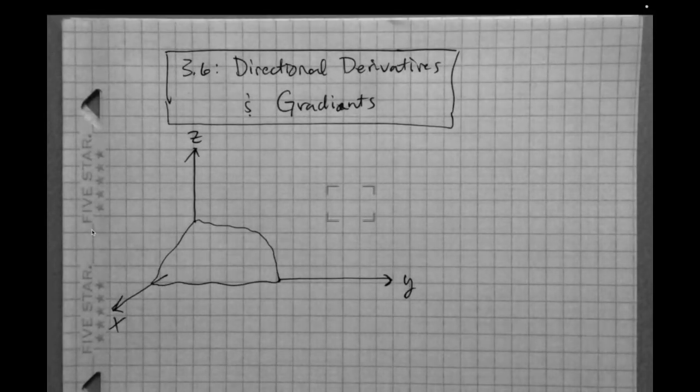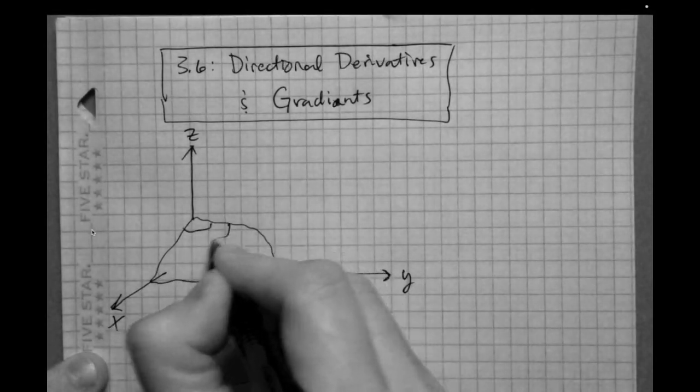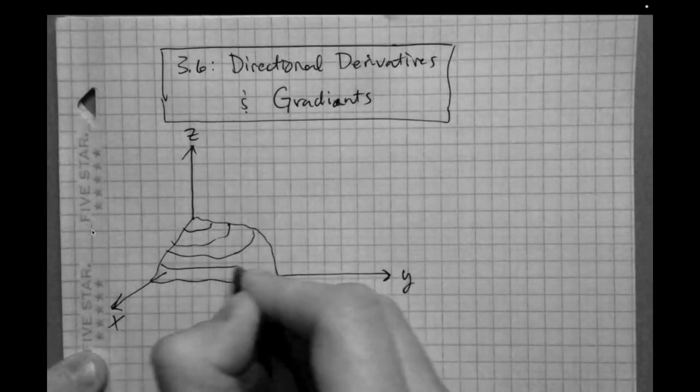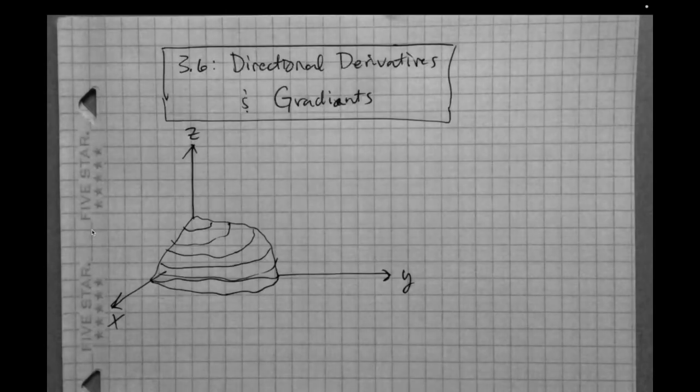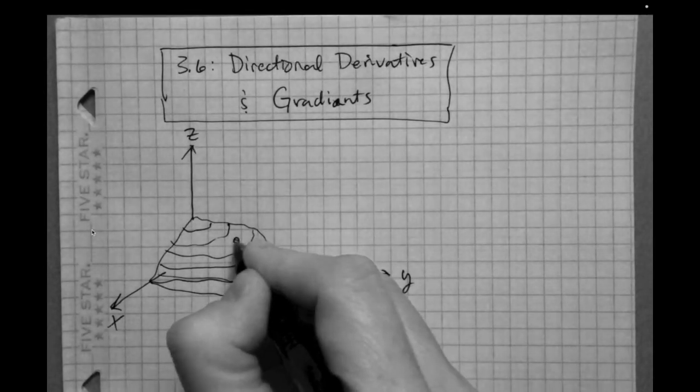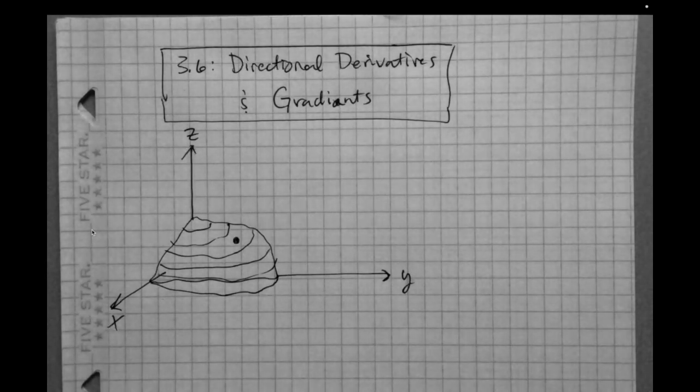It's three-dimensional, so it comes out of the page a little bit. Let's suppose on this hill there's some point that you're standing on. What we want to try to determine is the inclination toward the x-axis, namely the slope of the hill in the direction of the x-axis.